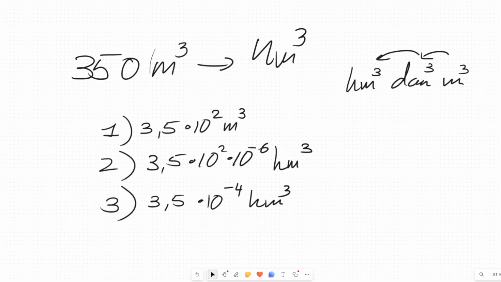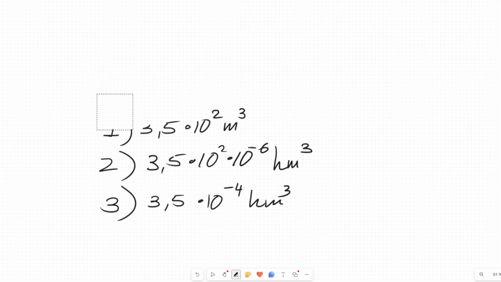I'll have to add that when changing between volume units, it's not the same as changing between units of the same multiple and submultiple, or trying to change between different capacity units. I'll try to explain myself. We've seen how to change, for example, from liters to deciliters, and we've learned just now how to change from cubic meters to, for example, cubic kilometers.